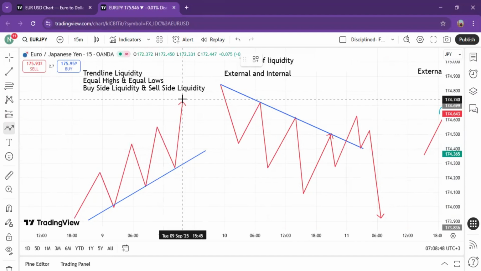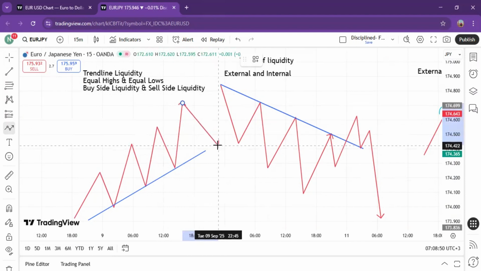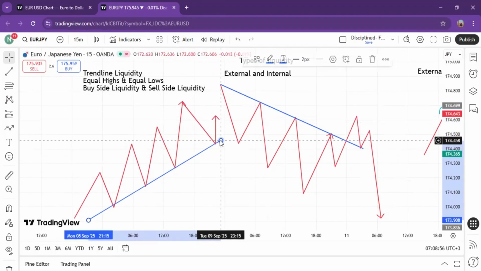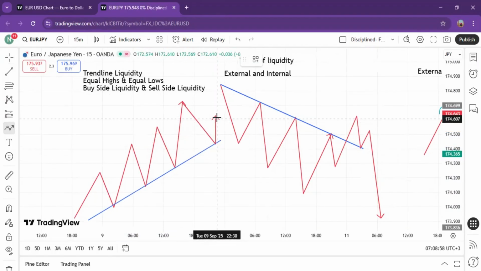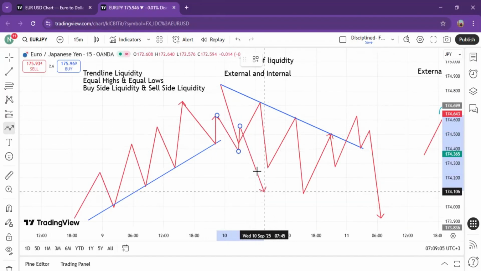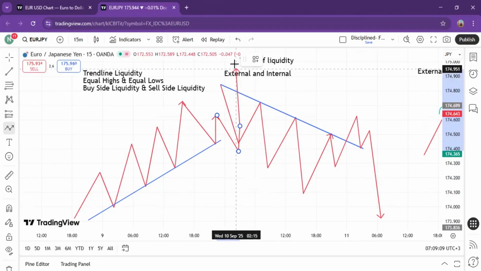Then eventually the market will come back to the trend line, retest it, trigger the buyers to get into the market at this point. Then you're going to see the market take out the orders, retest the trend line, then perhaps either move in the opposite direction or continue moving in the same direction.